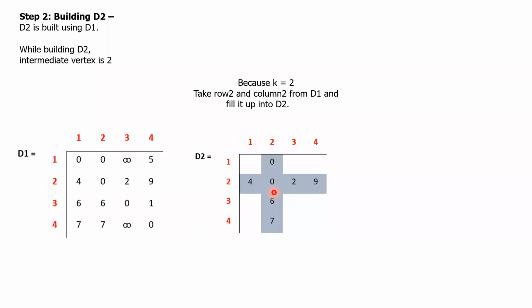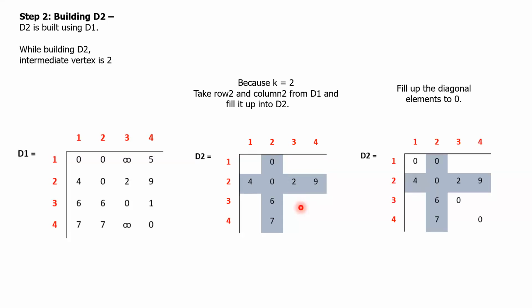The first step is to take second row, second column, from D1, as it is, and fill it up into D2. We are taking second row, second column, because in this step, the intermediate vertex is 2. Now, as usual, fill up the diagonal elements with zeros. So I have filled up diagonal elements with zeros.